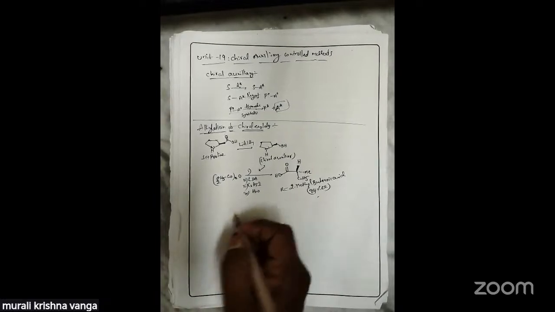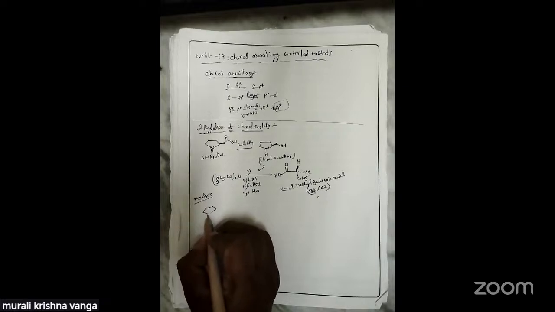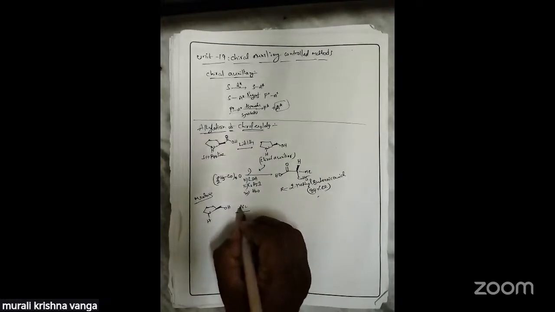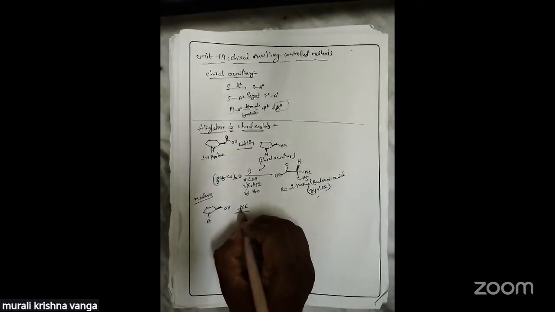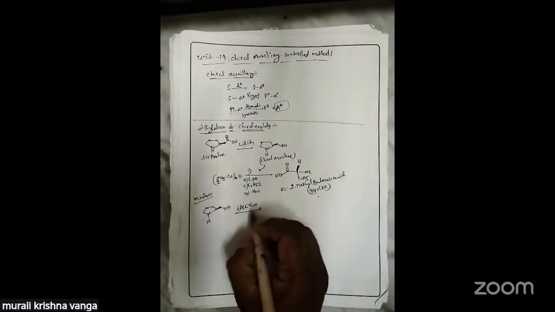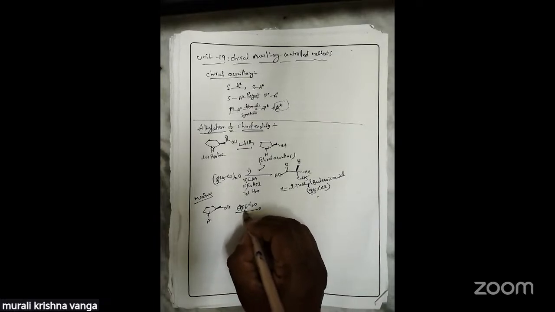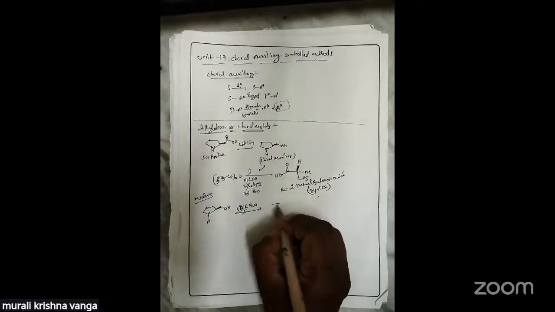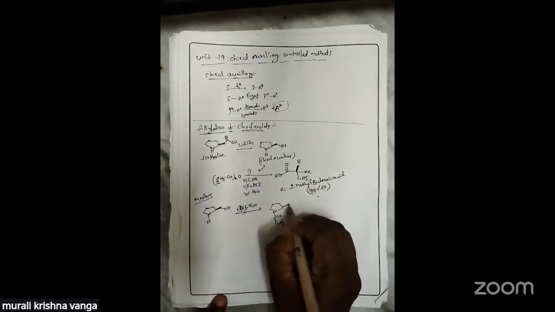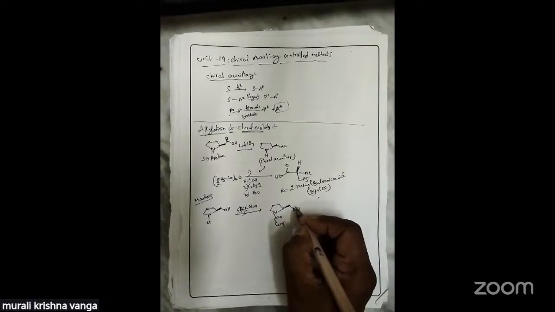When I take the mechanism for this reaction, this chiral auxiliary reacts with acetic anhydride, then gives N-propanoyl-2-hydroxymethyl pyrrolidine.